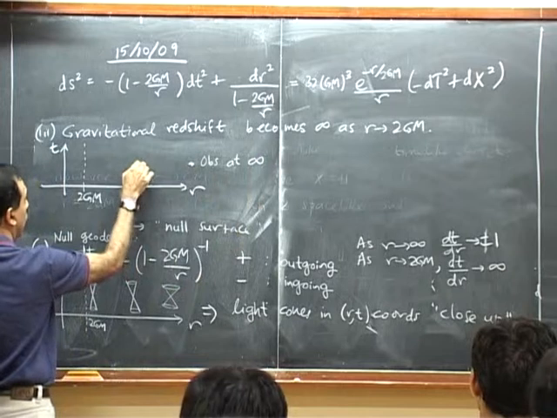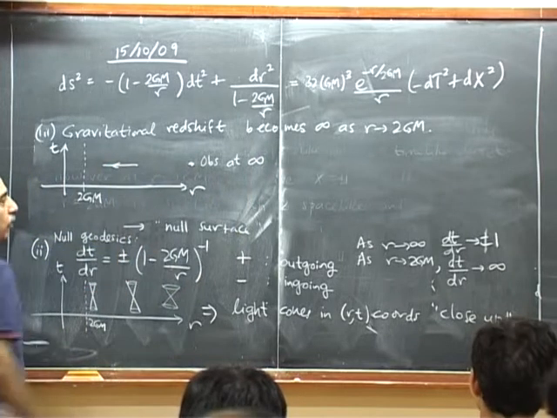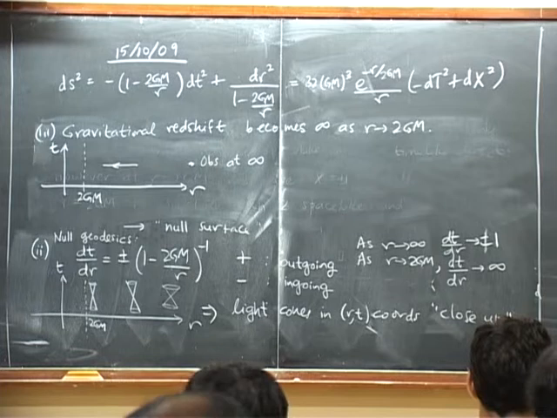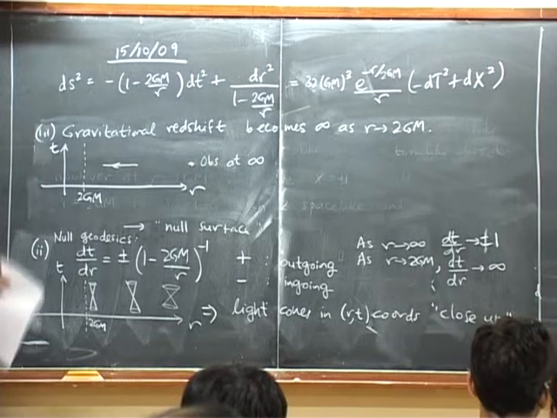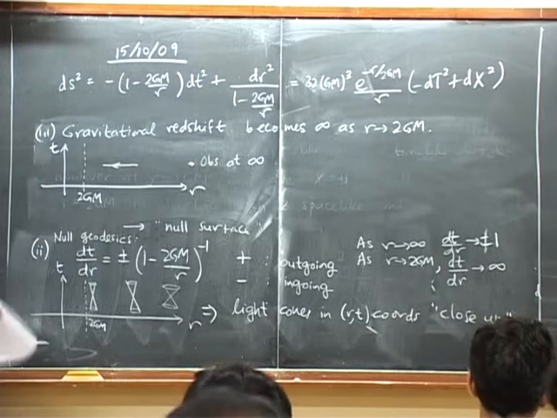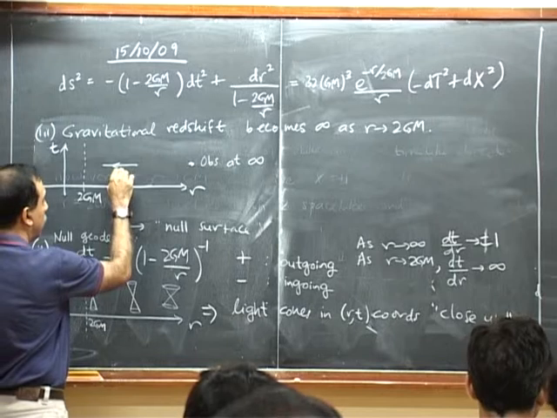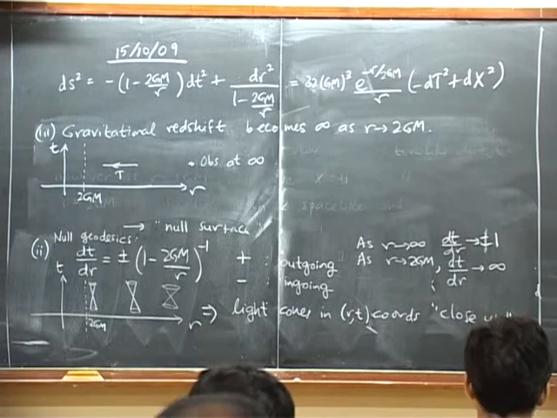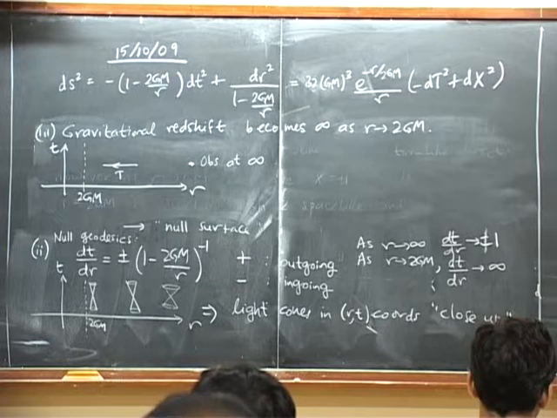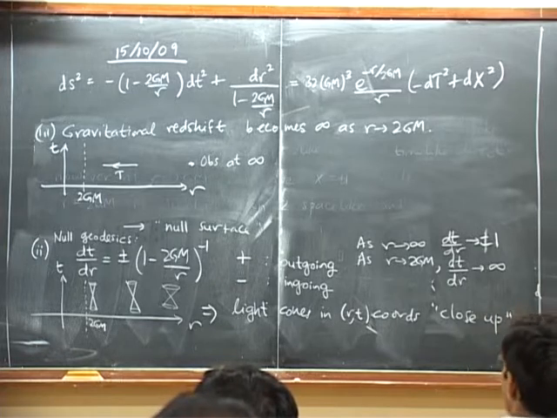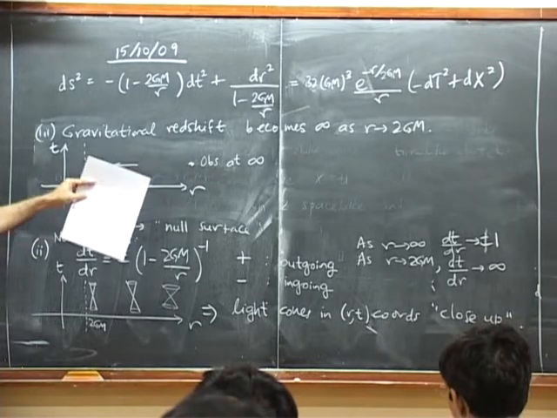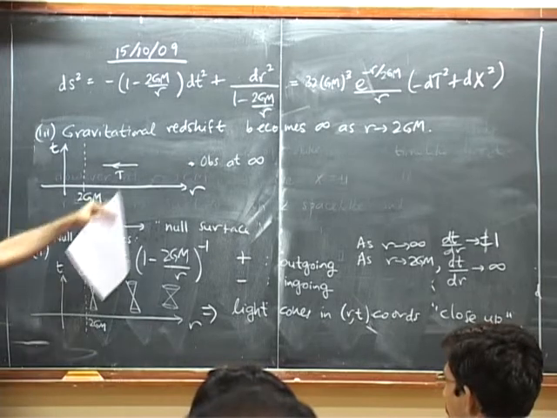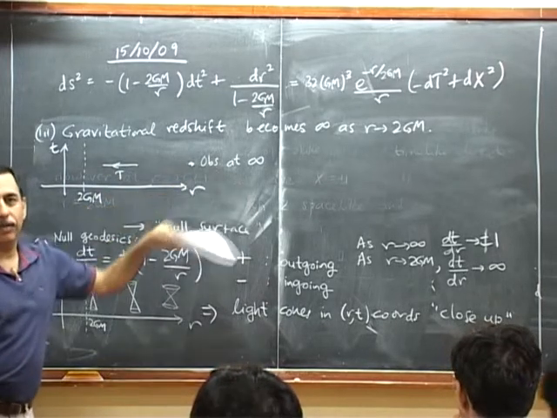There's another one, let's say, who's following an infalling geodesic. We'll be looking at these geodesics more closely, but let's suppose somebody is following the geodesic. Now this person has a proper time and therefore measures proper time intervals in their own frame, and we want to relate this person's proper time to the time observed at infinity, or more precisely we want to relate intervals of this person to the intervals observed by this person.